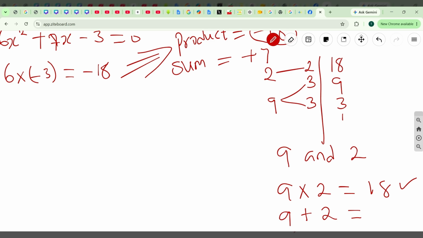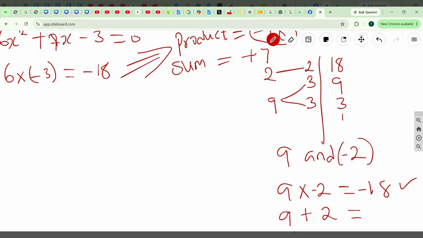Now, here is the trick. Here is what we're going to do. We are not just looking for 18, but we're looking for negative 18. So since we are looking for negative 18, the values are going to be 9 and negative 2. If I do 9 times negative 2, I'll have negative 18.